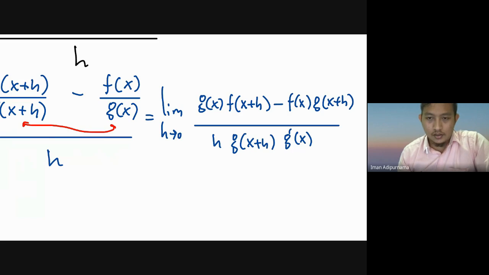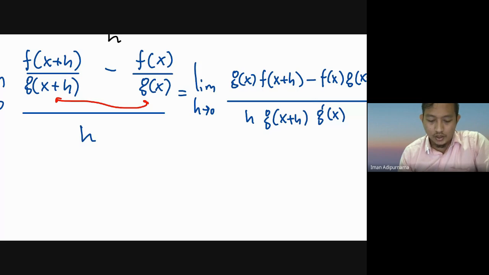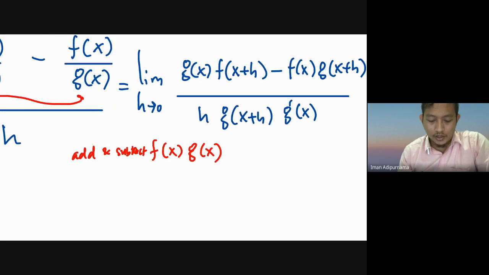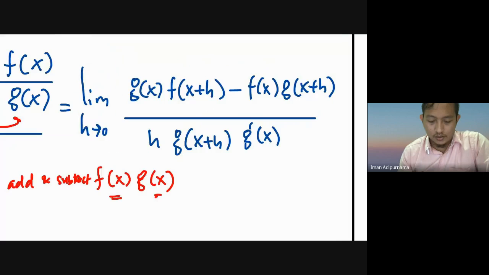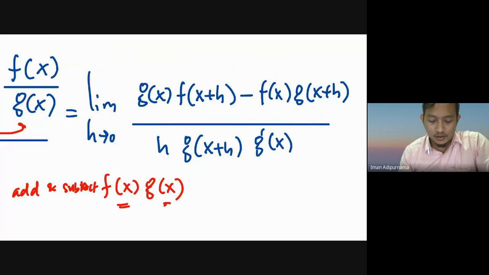Now, similar to the product rule, we need to add and subtract f(x)g(x). Add and subtract. So why do we need to add and subtract this? Because in terms of simplification, we may need some grouping for the limit that we can further simplify and it becomes maybe a derivative.